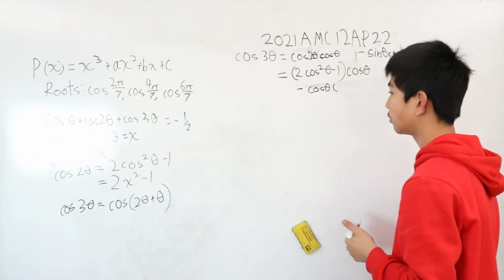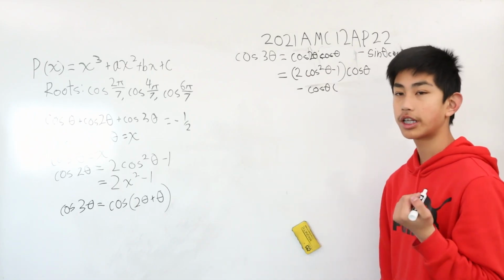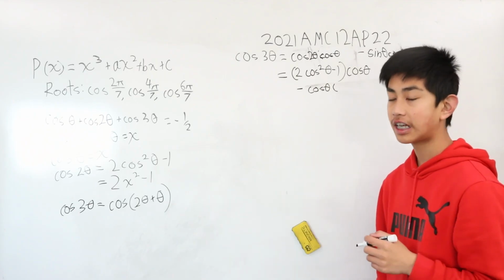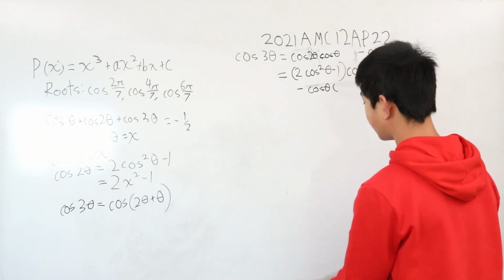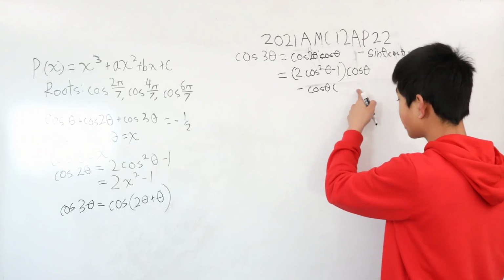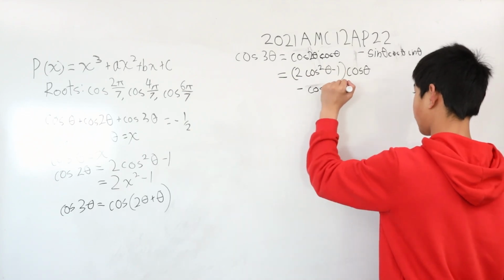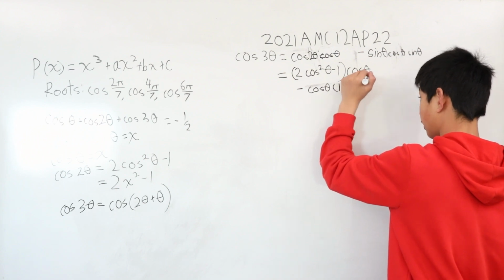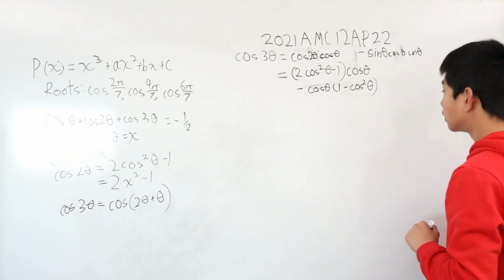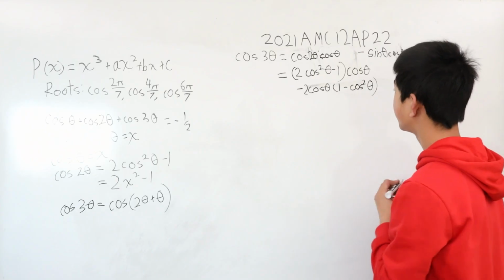But since we want it in terms of cosine, we can use the trigonometric identity that cosine squared plus sine squared of theta is 1. So this sine squared of theta can be rewritten as 1 minus cosine squared of theta, and there's going to be a 2 here, just to even things out.